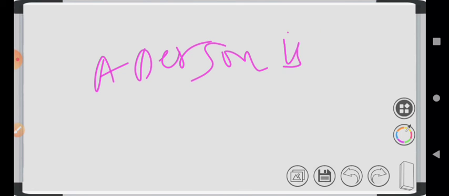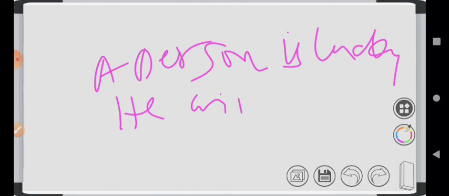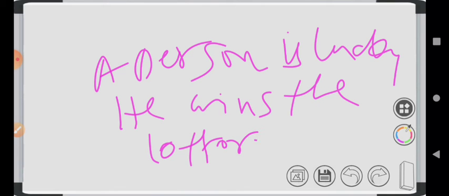For example, a person is lucky. He wins the lottery. How to combine these sentences?